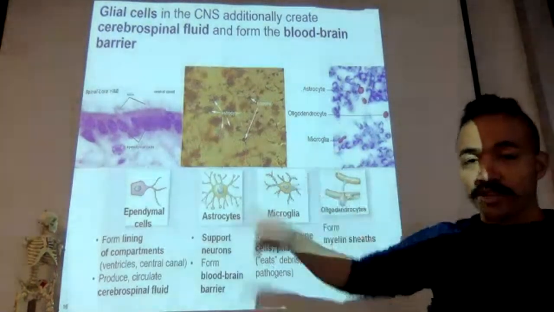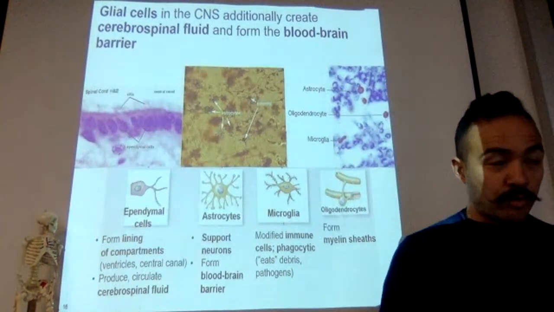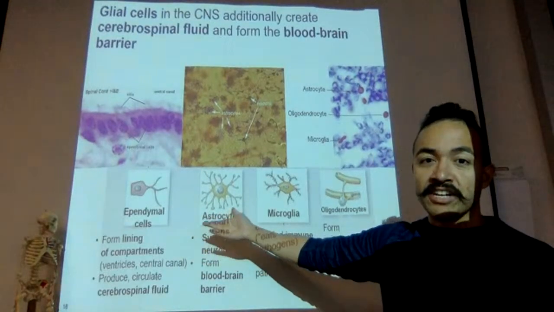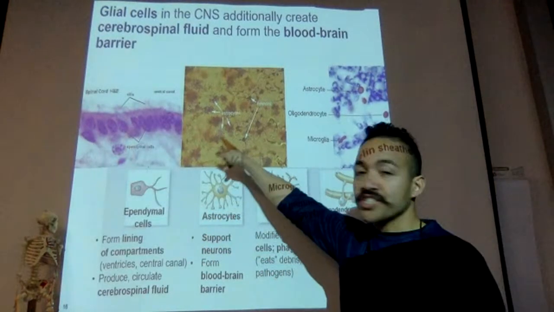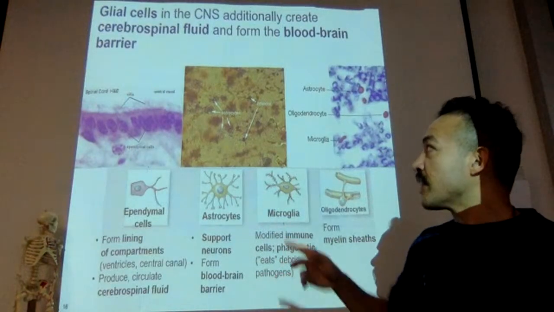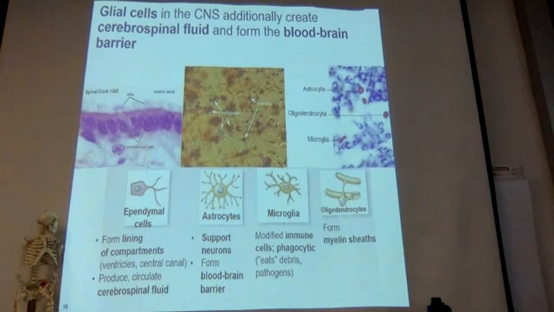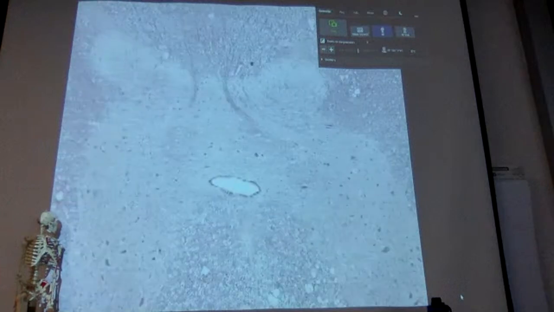Just like we have satellite cells surrounding cell bodies in the peripheral nervous system, astrocytes are your major helper in the central nervous system. They are star-shaped glial cells that you can better see if you have the right stain. If we don't have the proper stain, here we are looking at a spinal cord cross section.